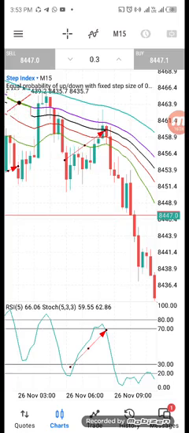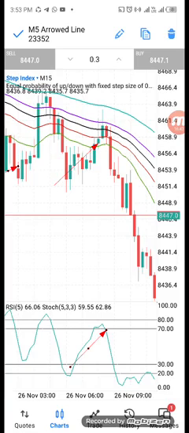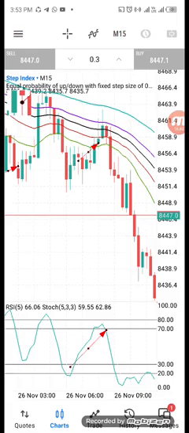On the EMA 50 down. As at the time you have the overbought region, if the price that aligns with that overbought region closes above the 50 EMA, that means the signal is not valid. But if that particular candle closes below the 50 EMA, that particular signal is 100% perfect.